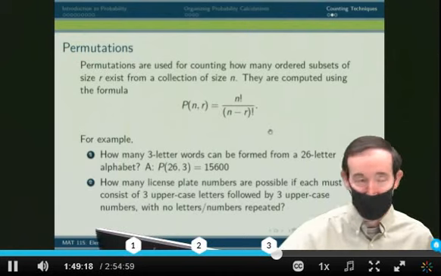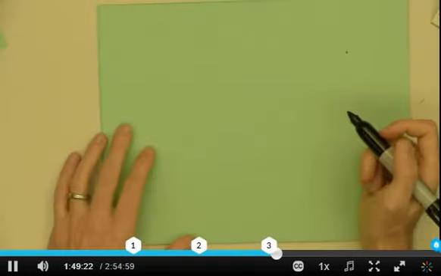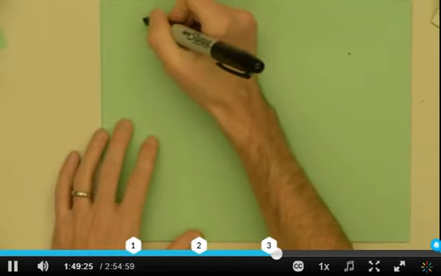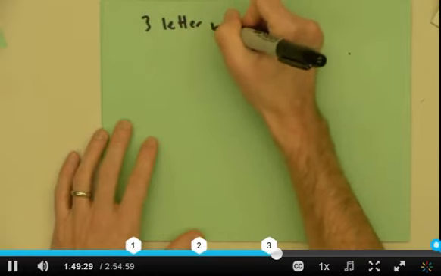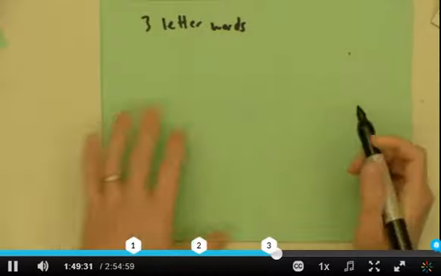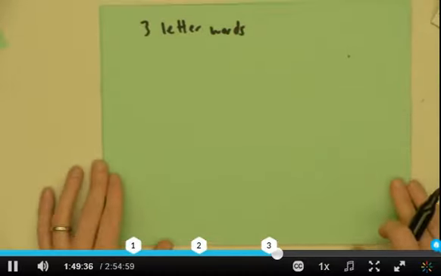We'll go over to the document cam one more time. All right. So if I want 3-letter words, I was going to do 4-letter words as a nice example with better numbers, but then I thought that would be loaded.